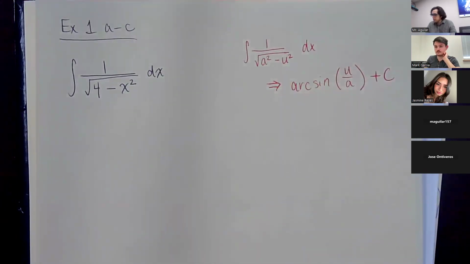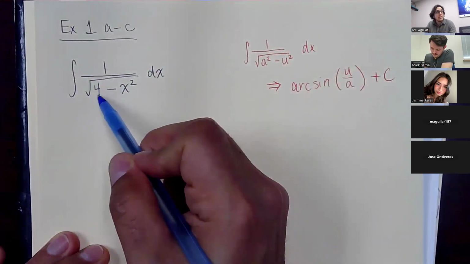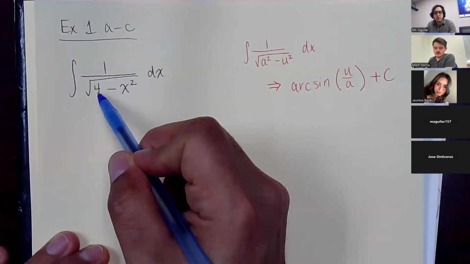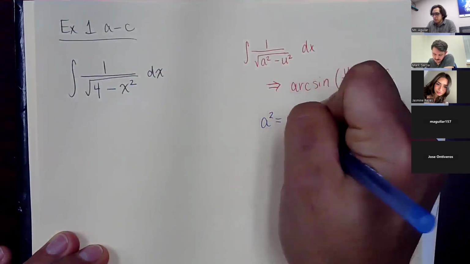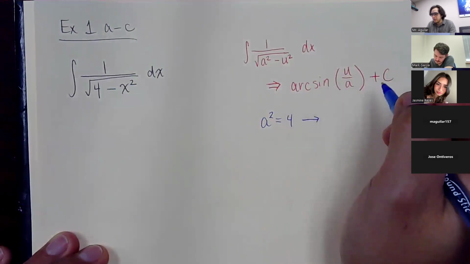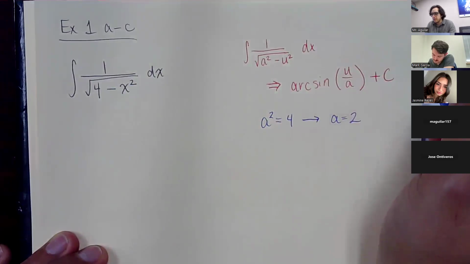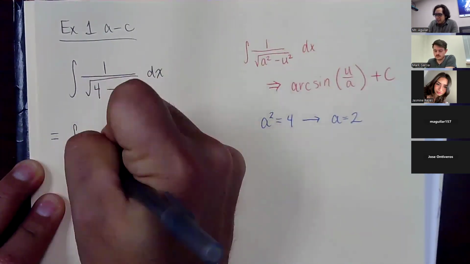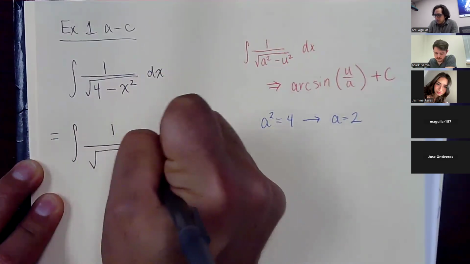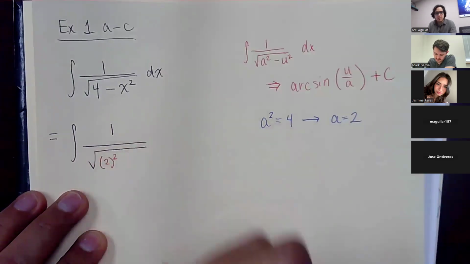Okay. So then the next thing you have to do is like, okay, let's say if this is our a, well, it has to be a squared, right? So if a squared is equal to 4, then what is a equal to? Yeah, a is equal to 2, right? So we want to do that rewriting. A little bit of u substitution and a little bit of a substitution now, apparently. So we'll rewrite this as 1 over the square root of 2 squared, right?